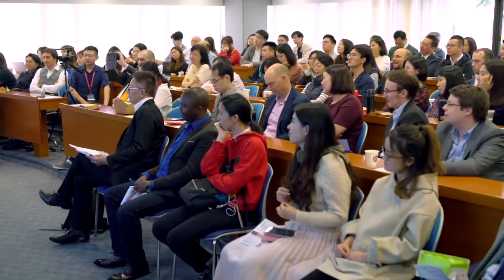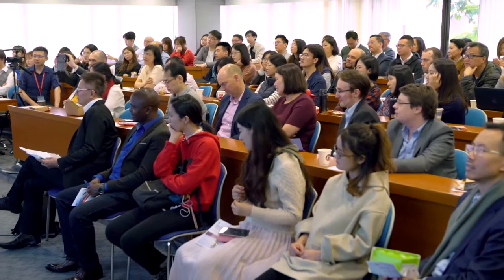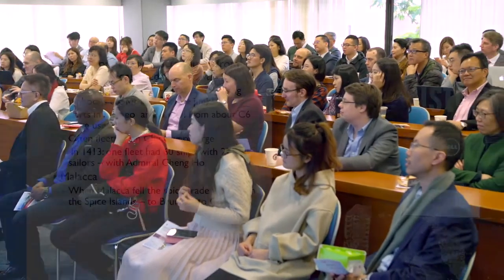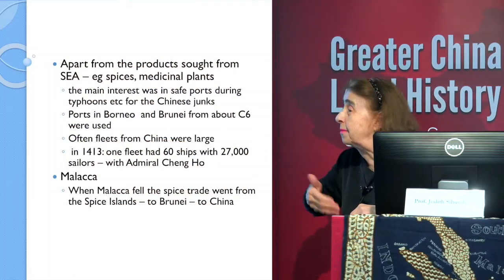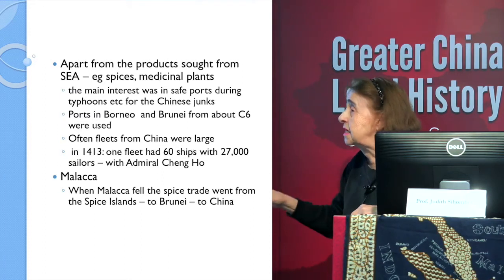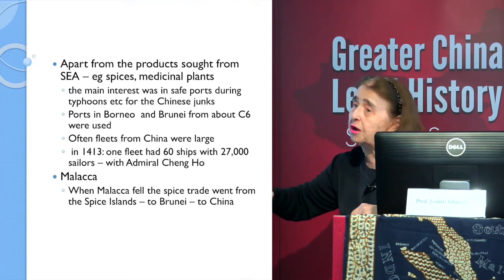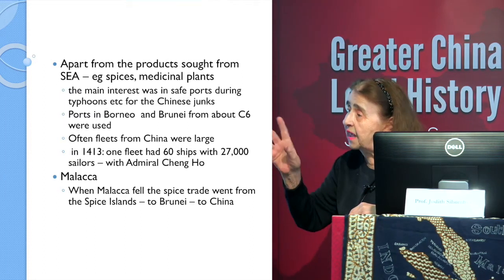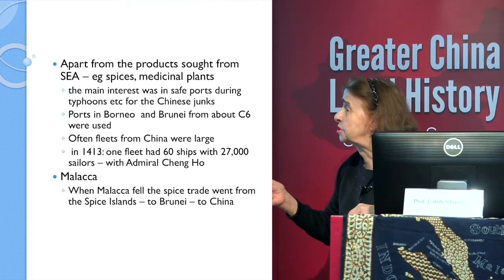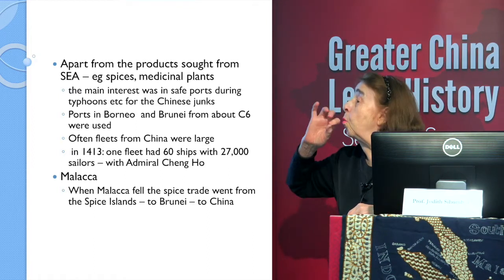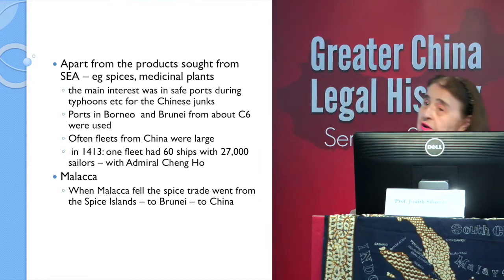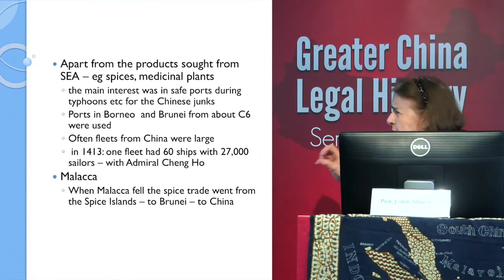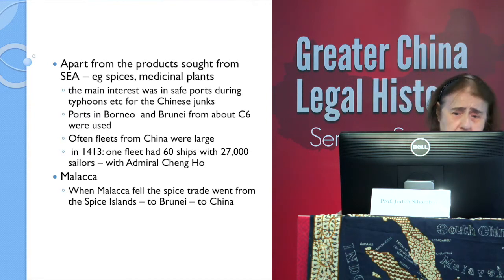And what do you need when you get to Brunei or to Borneo or to Sumatra? Food. Lunchtime. You need food. So you need the place you're going to have enough food. And the other thing you've got to take on board your ship is water. So enough food and water where you're going. 27,000 men. Probably the island didn't have even a quarter of those.